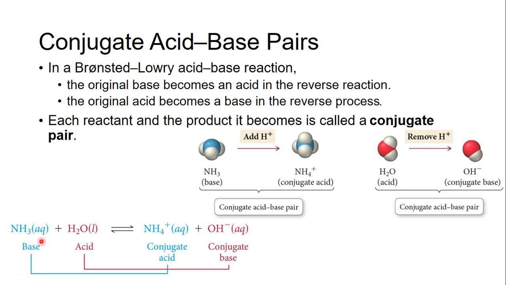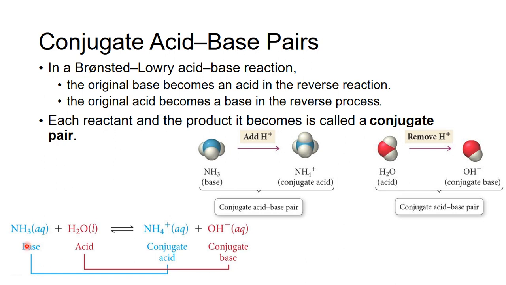We have NH3, which is our base, so it's accepting a hydrogen according to Bronsted-Lowry. H2O is our acid. So when the acid donates a hydrogen, it becomes a base. So we can pair up this H2O, this acid, and this OH-, its base, and this is called a conjugate acid-base pair. So the acid and its conjugate base, that is how we talk about this terminology.